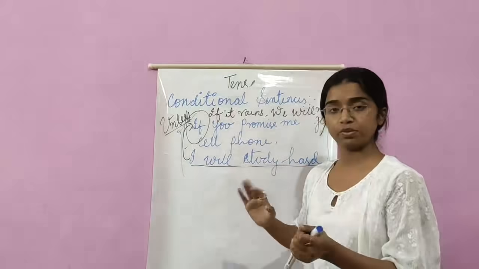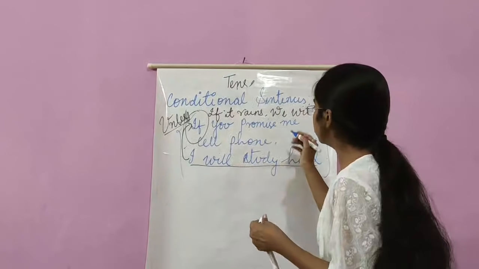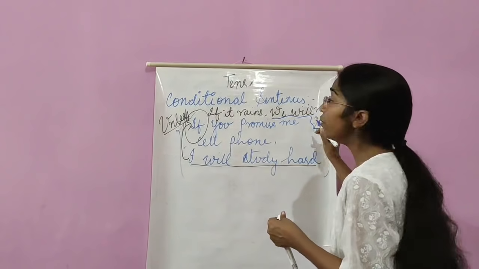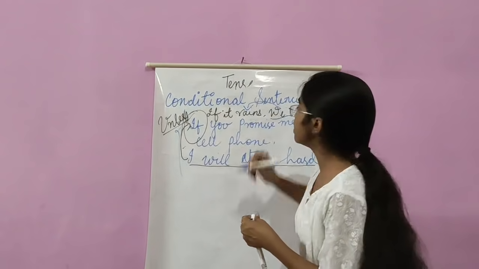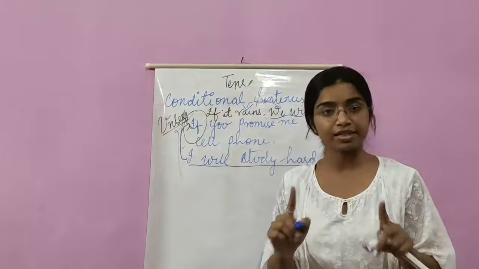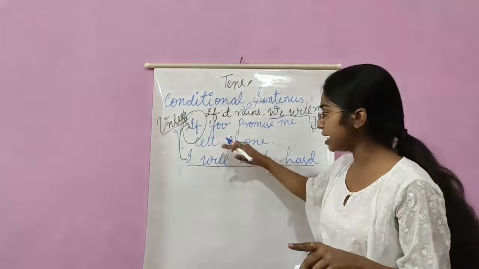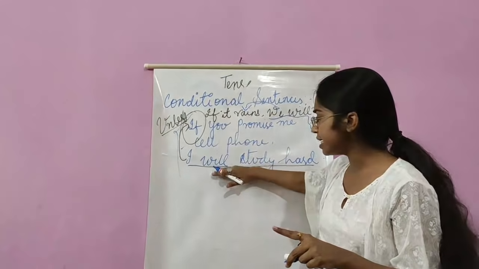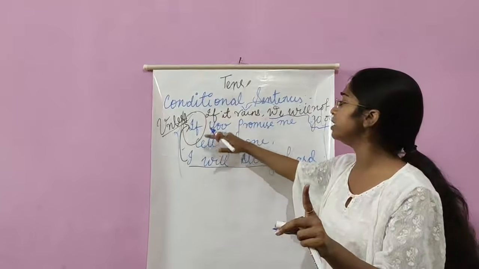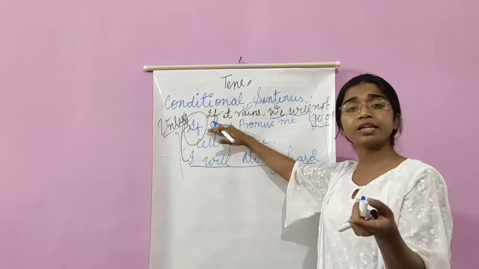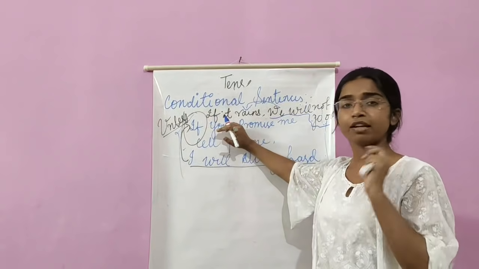If it rains. When it rains. So now here, this statement will be fulfilled when the previous condition gets satisfied. Clear? The same as this: you will study hard only when the condition gets fulfilled. And what is the condition? If you are promised a cell phone.